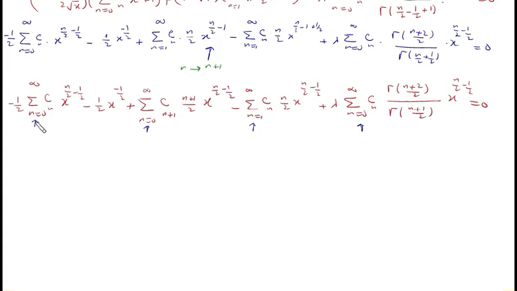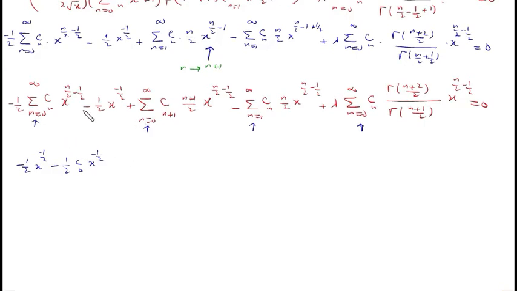So I will open one term here, so it will now start from 1, and I can open this again, first term, and also in the last series. So when I take one term out of this series, the remaining series will start from n equal to 1. Okay, bringing out this first, minus 1 by 2 x to the power minus 1 by 2, and here minus 1 by 2, and when n is 0 this becomes c0 x to the power, when n is 0 only x power is left, minus 1 by 2.